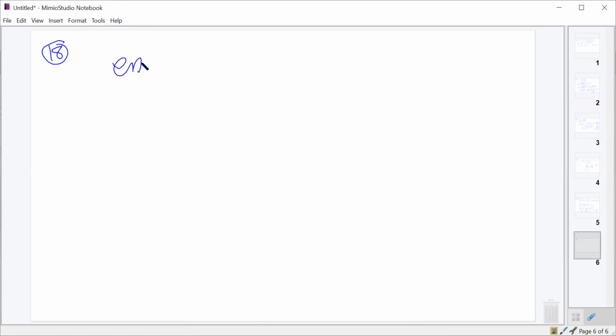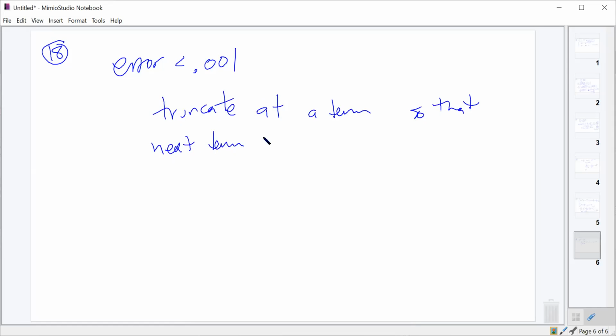So we want the error to be less than that, which means that we need to truncate this at a term so that the next term is less than 1 over 1,000. Right? Because that's what that is.